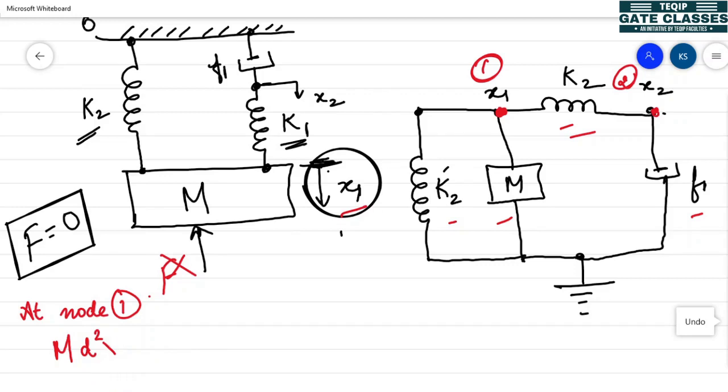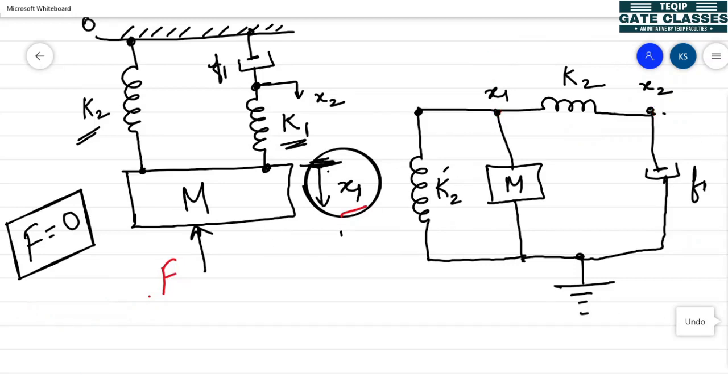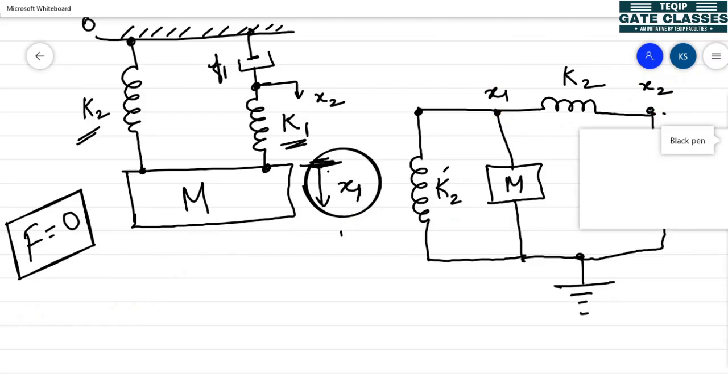So taking node 2 for the nodal analysis, this is F1, this is K1.